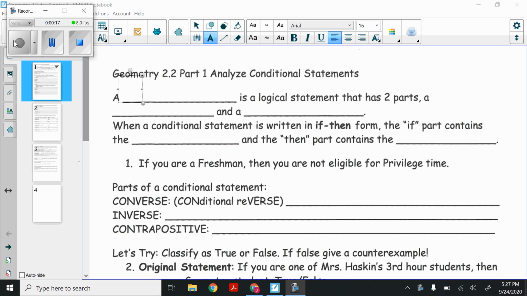So this first part, I should say a conditional statement. A conditional statement is a logical statement that has two parts: a hypothesis and a conclusion.